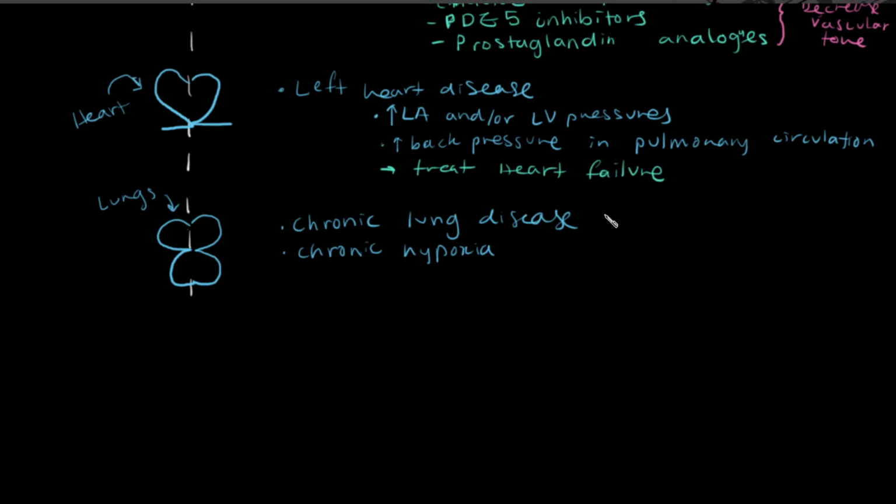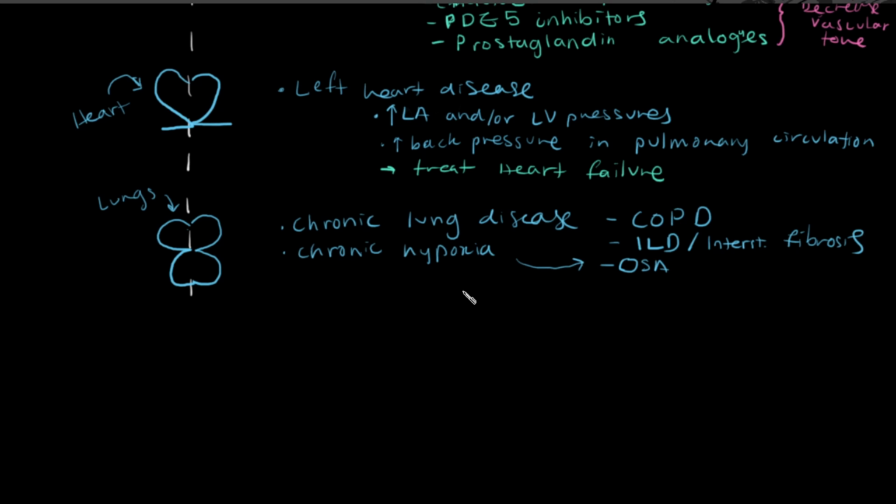And the most common by quite a long way is going to be COPD, but you can also have interstitial lung disease, interstitial fibrosis, and also interestingly chronic hypoventilation disorders like OSA, and this is where the chronic hypoxia comes in.